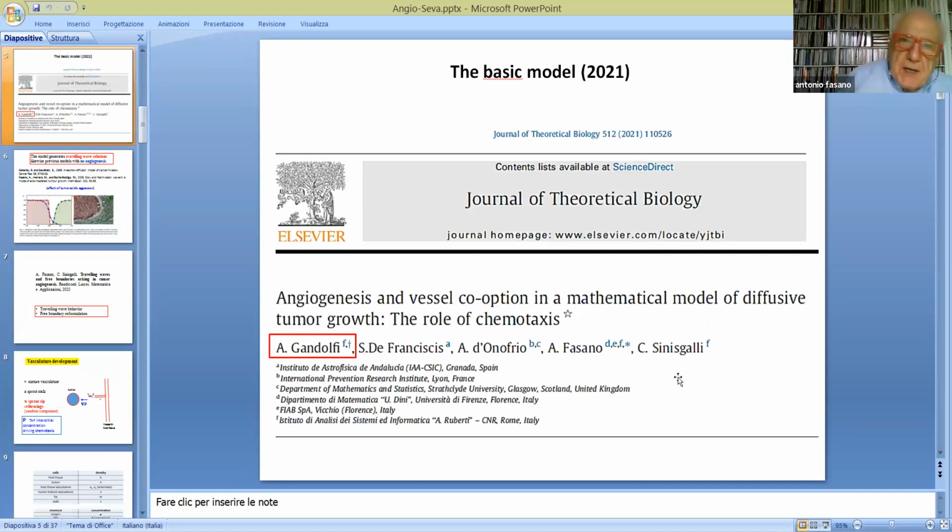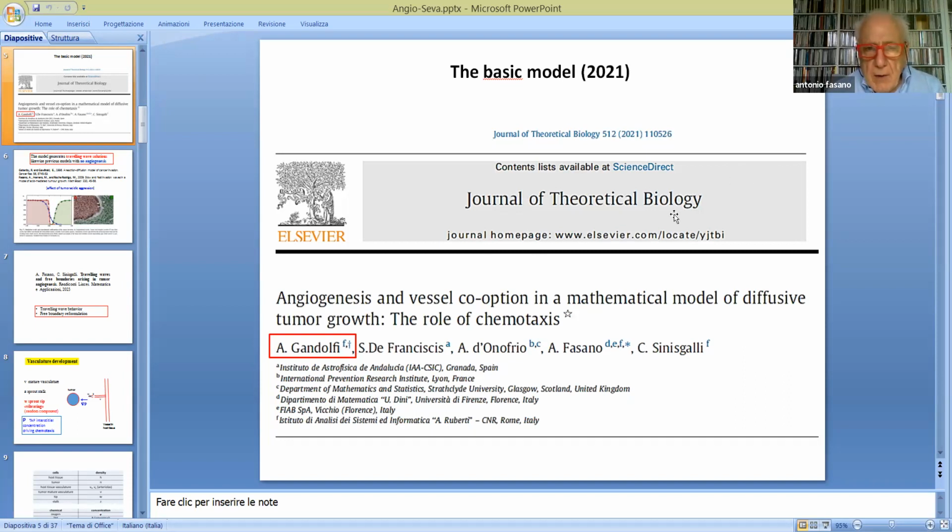So the basic model I want to refer to appeared in this paper a couple of years ago, and this paper was in collaboration with a very good friend of mine who unfortunately died before the paper was completed.